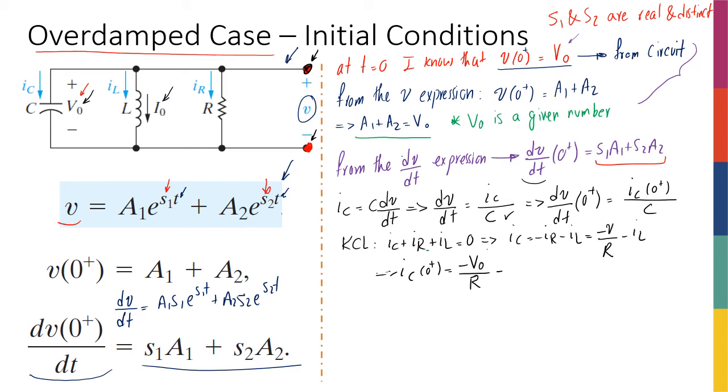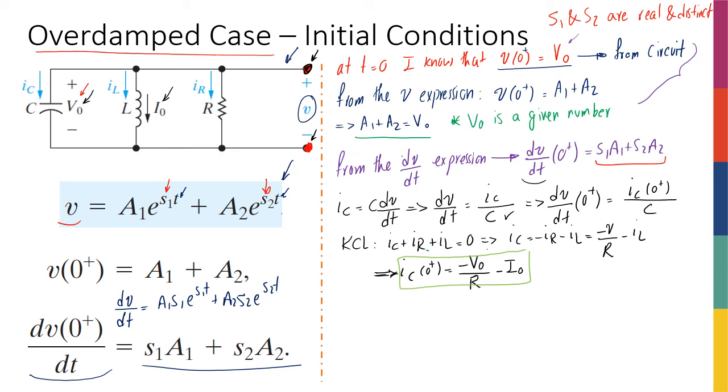Fortunately I have that. This is going to be I0. So I could relate the initial current of the capacitor to my golden parameters, the voltage of the capacitor and the current of the inductor. And since I know the values of those parameters at 0 plus, I have my initial current of the capacitor at 0 plus.